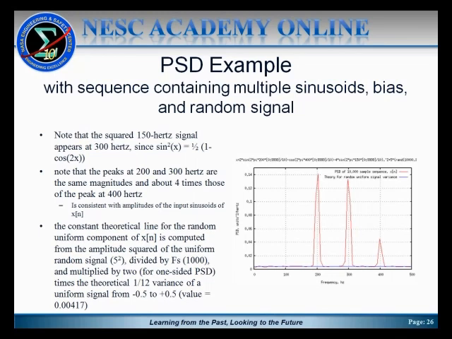So the theoretical line for that random component should be 25, the amplitude squared, divided by the sample frequency over 2, or basically 0 to 500 hertz for the range of the real DFT, times the theoretical variance of 1/12 of a uniform signal that varies from plus or minus 1/2. You do that calculation and you should get the value of 0.417 for the mean square value, and it should be constant over that whole frequency range of 0 to 500. And that's exactly what you see. The black line that's superimposed on top of the blue line, which you can barely see, is that constant level.